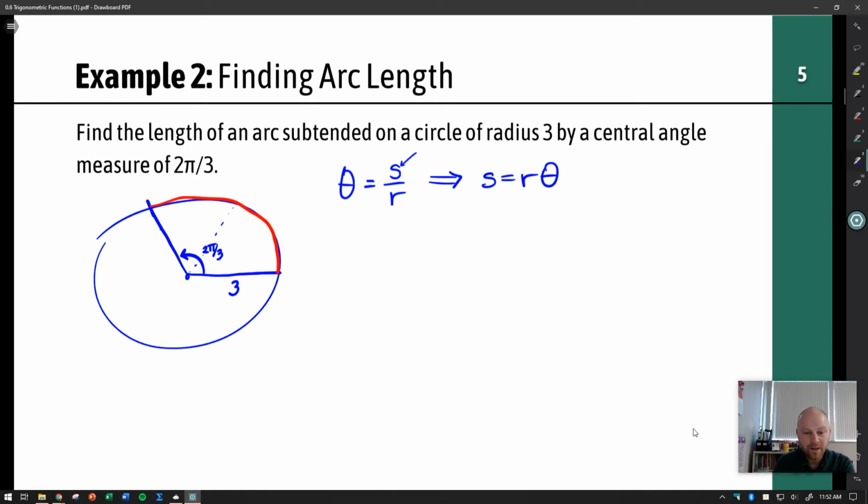So for our case, S, the length of the arc, would be equal to the radius, which is 3, times the measure of the central angle in radians, which would be 2 pi over 3. And that's going to give us an answer here of 2 pi. So that length for this particular circle would be 2 pi.